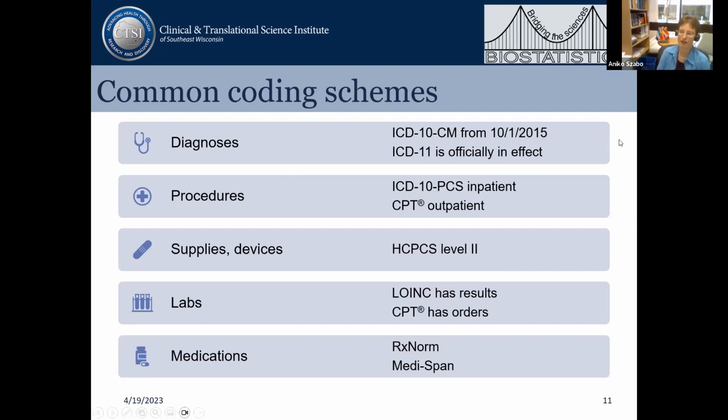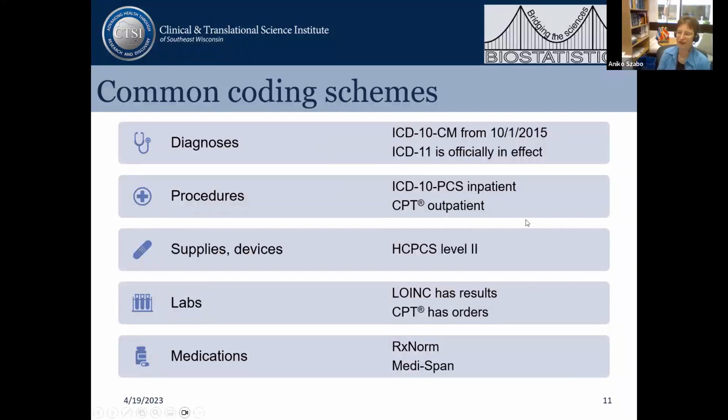But again, some of these codes are nicely structured. The ICD codes have a nice hierarchical structure, and some of them are pretty random, like CPT codes. I think there is no rhyme or reason in them. Most of them are publicly available, but CPT codes are proprietary, so it's not as easy to search for them.